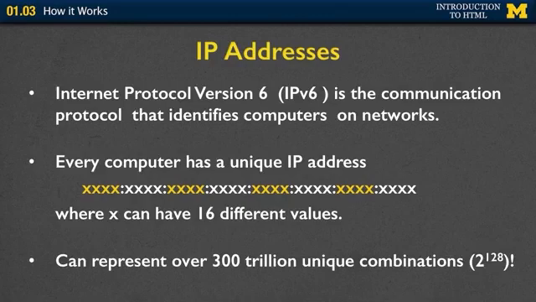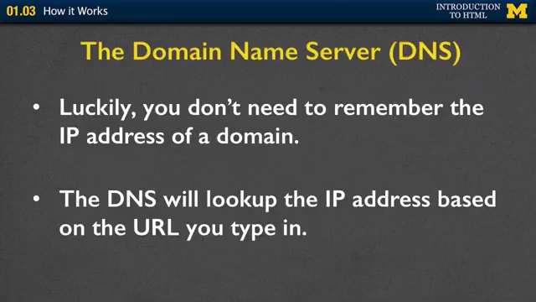So with these IP addresses, you basically have sets of numbers, you have these different sets right here where each X can represent one of 16 different values. So you can see we have a lot of options, over 300 trillion, in fact. As I said, luckily for you, the domain name server lets you type in something really simple like umich or Google, and it's the one that turns it into that really long number.